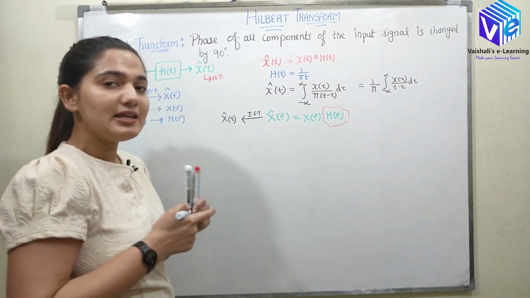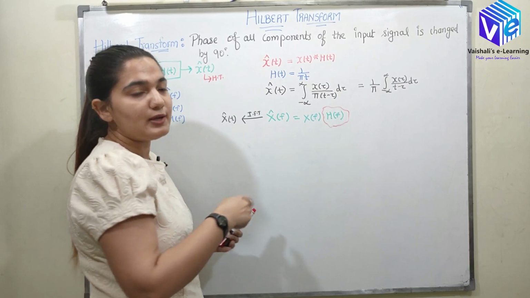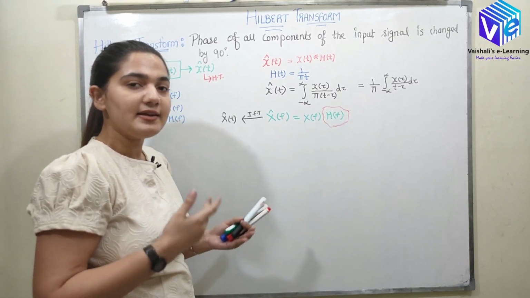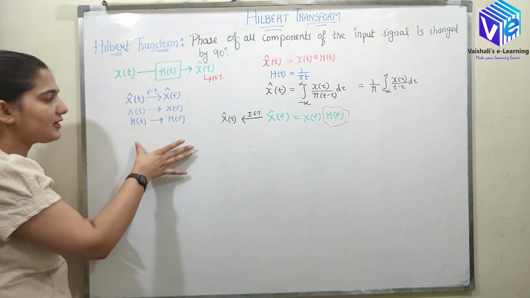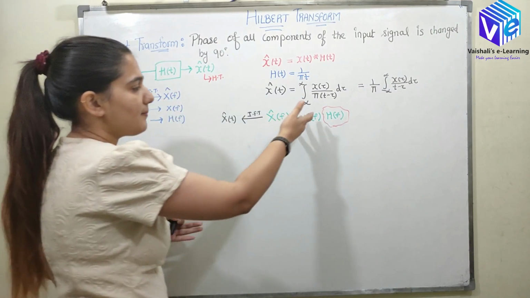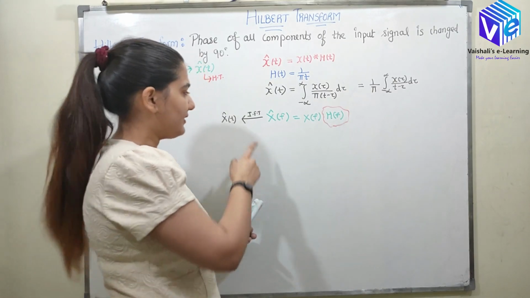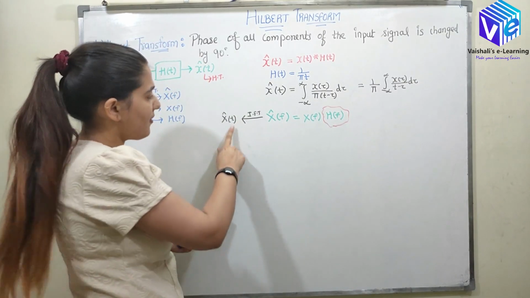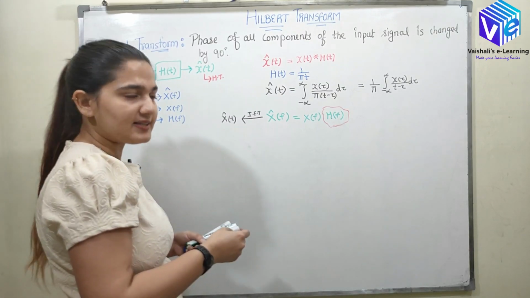This is the easier method to find x cap of t. We take the Fourier transform of all the terms, multiply x(f) with h(f) to get x cap of f, and then take the inverse Fourier transform to get x cap of t, which is the Hilbert transform of x(t).